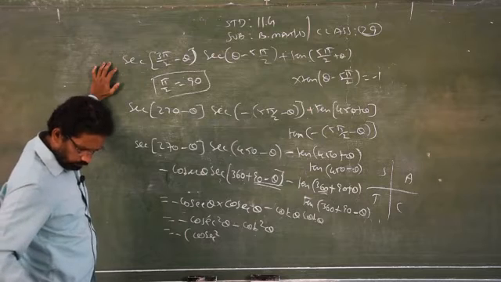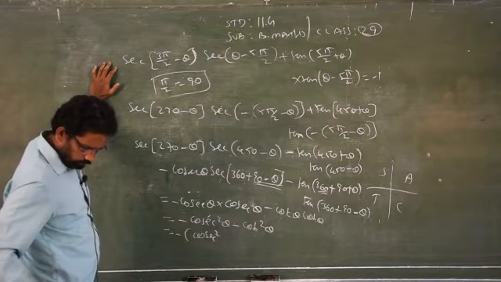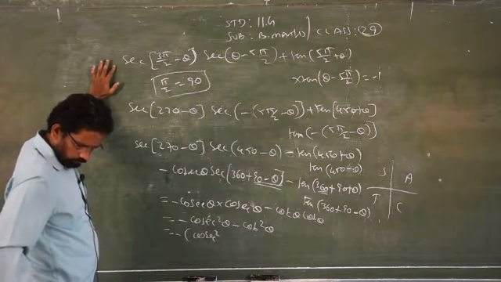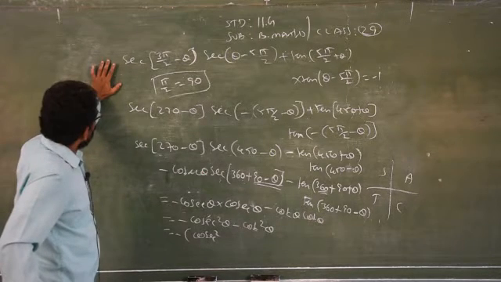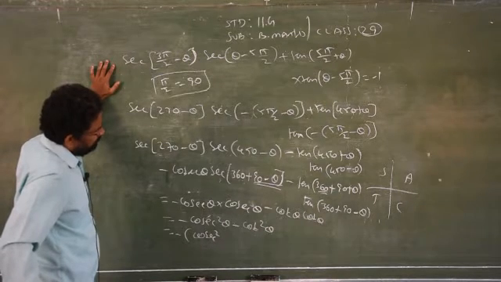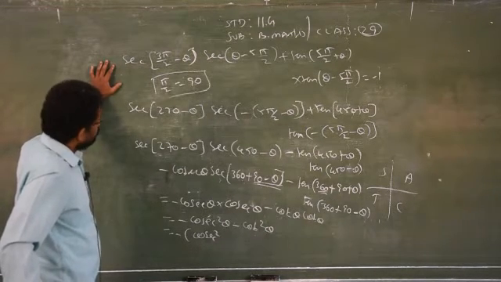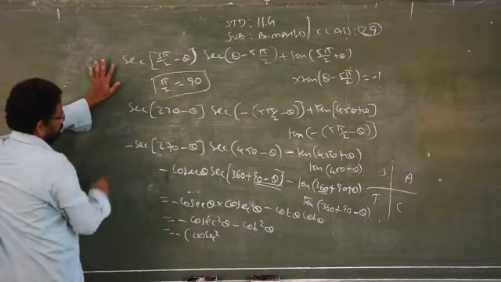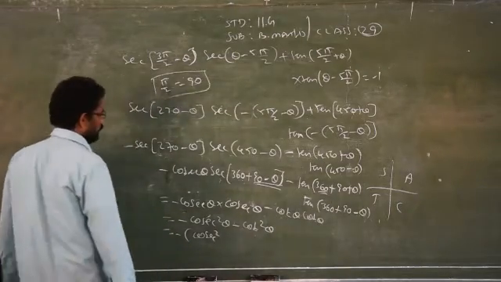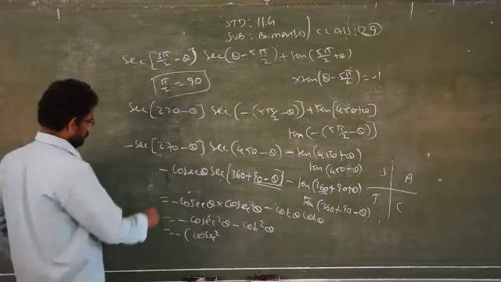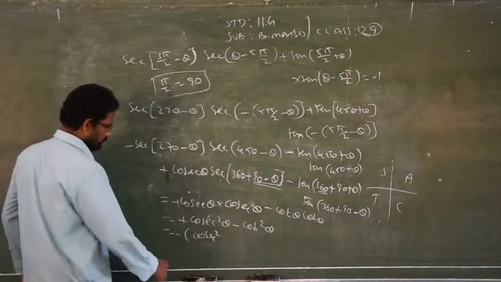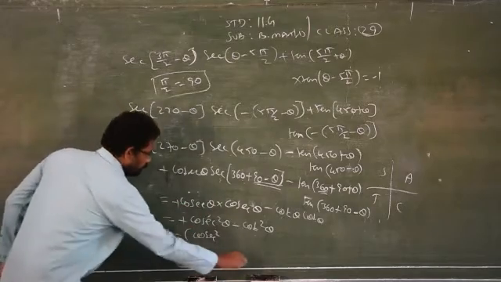Secant 270, it is minus. Here I have to write minus sign. So minus into minus. So plus. So cot square theta minus 1.